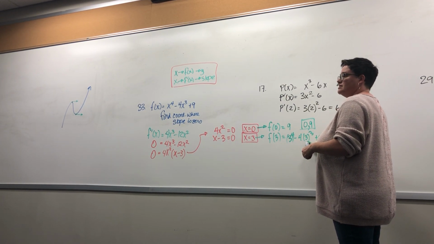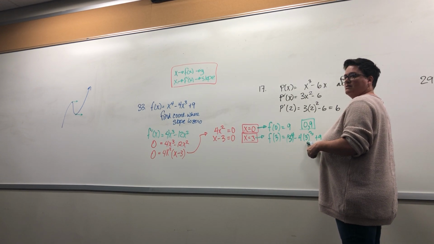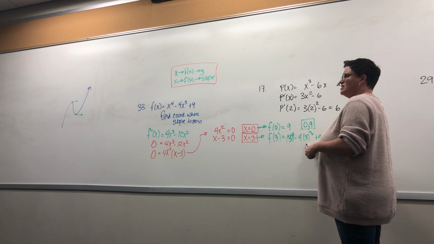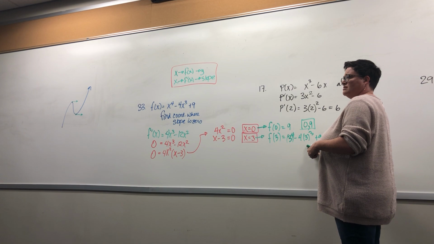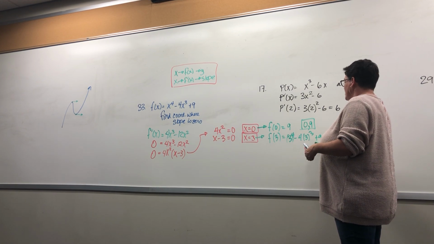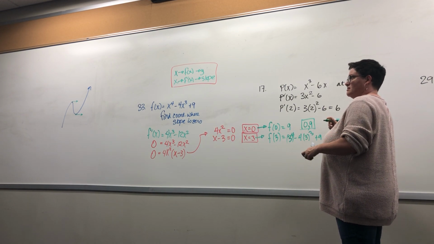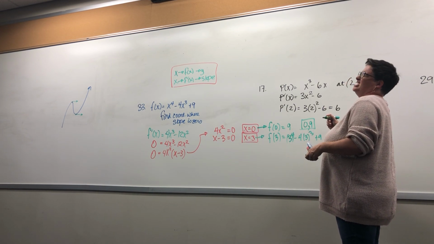81 minus 4 times 27. 27 times 4 is 108, right? 81 minus 108 is negative 27.